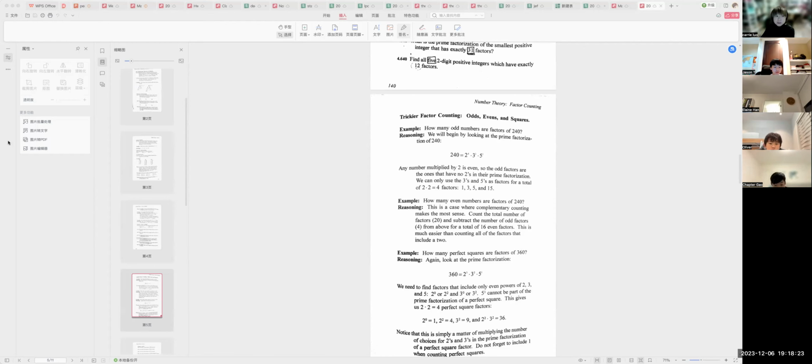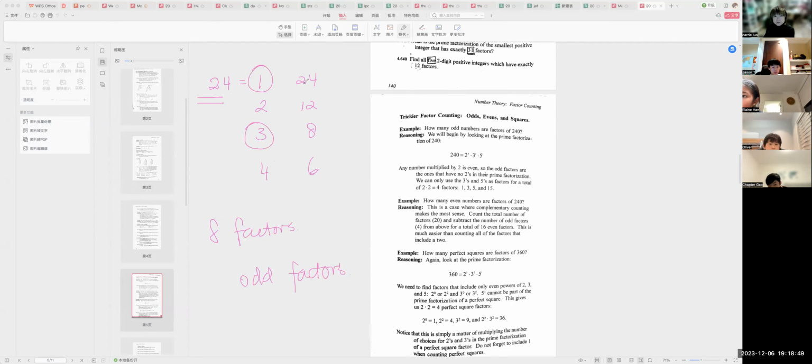Now we're talking about the odd factors. So let's start with something smaller, okay, Jason? 24 has what? 1, 24, 2, 12, 3, 8, and 4, 6, right? So for 24, we exactly have 8 factors. Correct, everybody? But how many odd factors do we have?